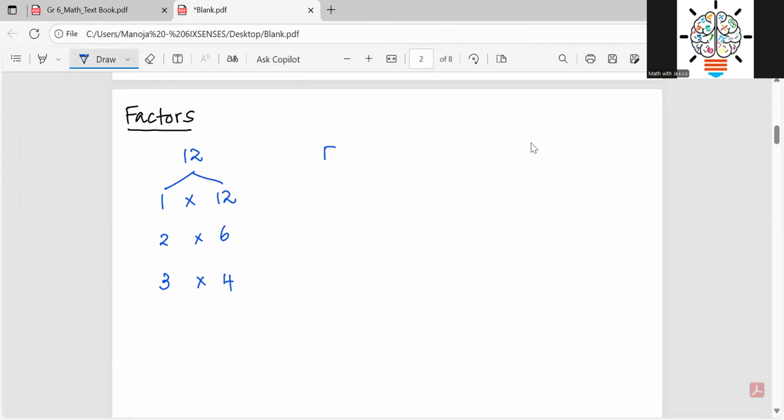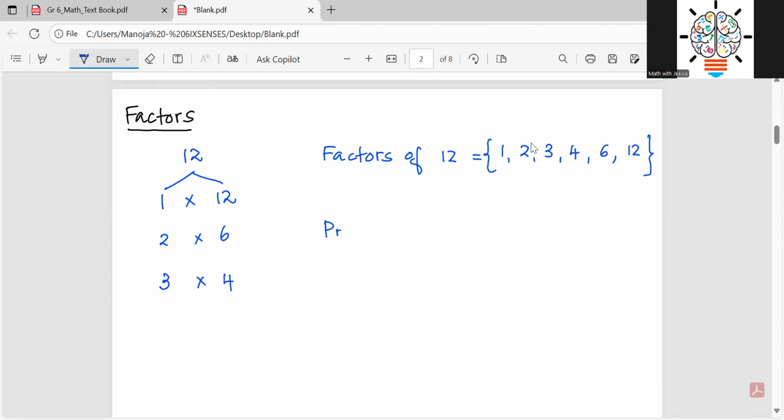So how am I going to write the factors of 12? I open a curly bracket like this and start from the lowest one: 1, 2, 3, 4, 6, 12. And I close the curly bracket.